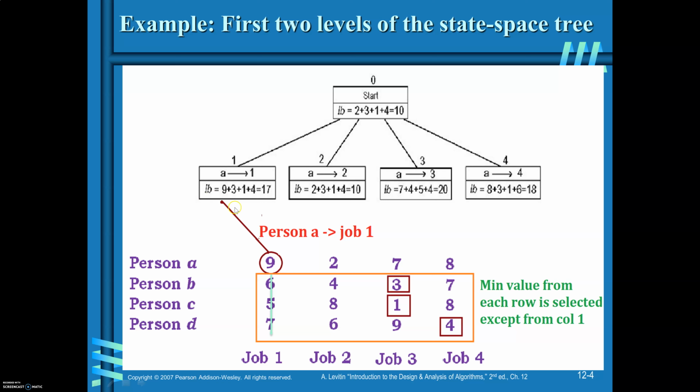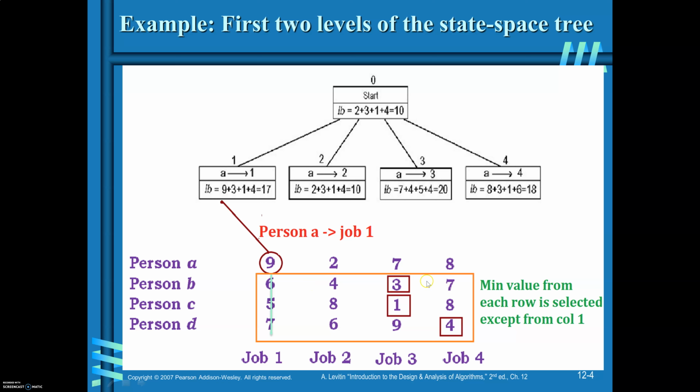Okay, so A equal to 1. When person A is assigned job 1, the lower bound is 17. How is it 17? For person A we are fixing job 1, that is, job 1 is frozen, so strike out the first column. What remains is only 3 columns.